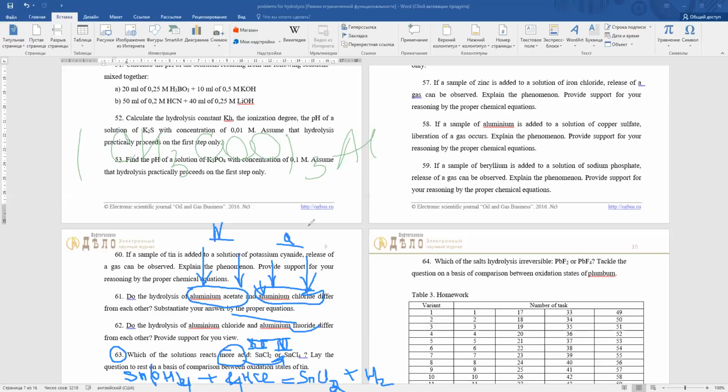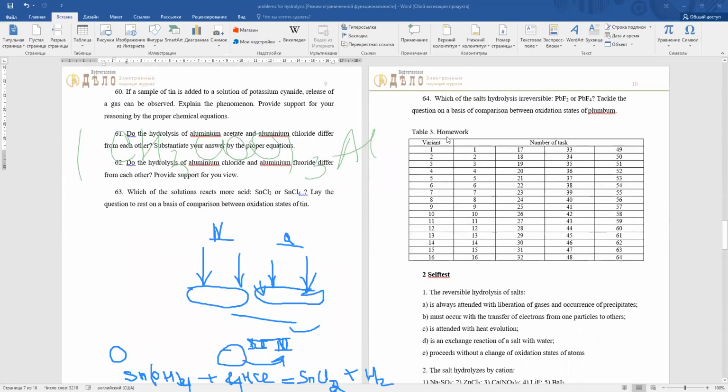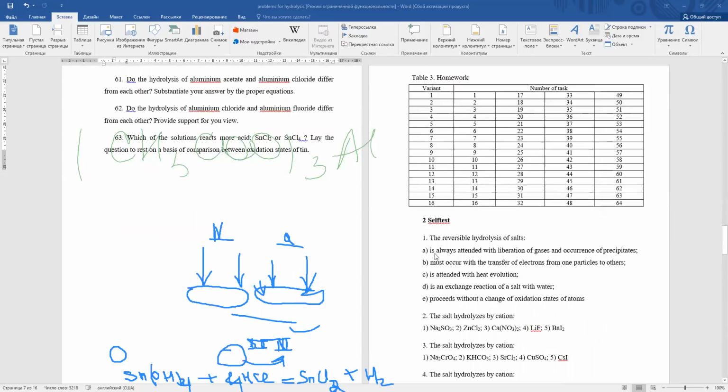So the others will also be similar. Self-test: the reversible hydrolysis of salts.